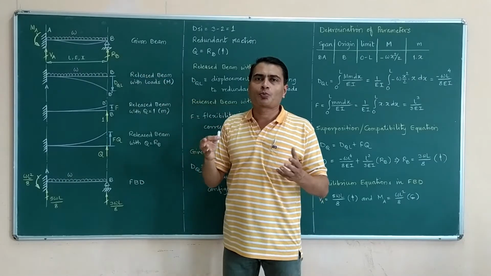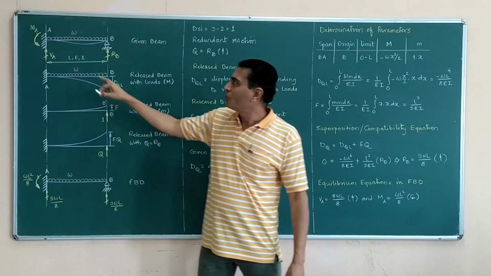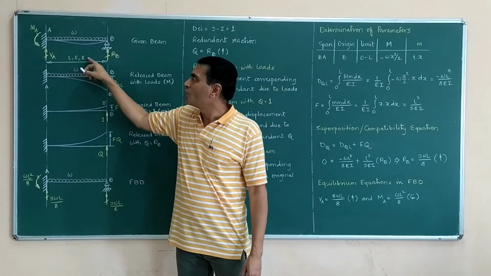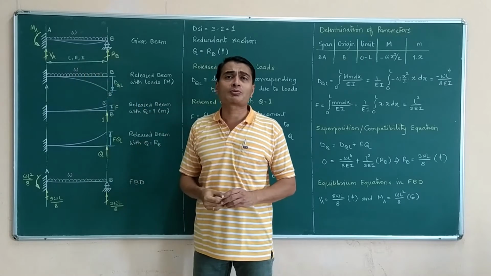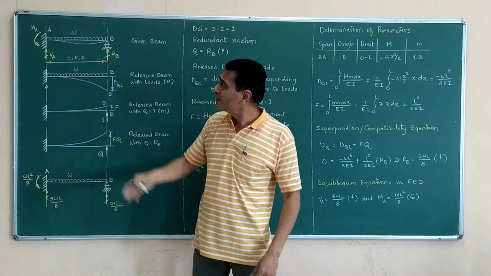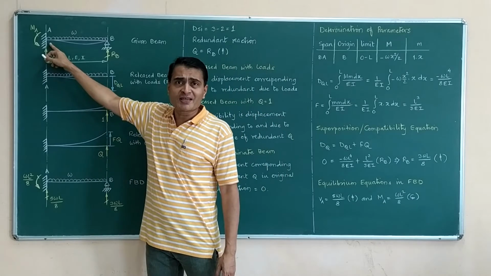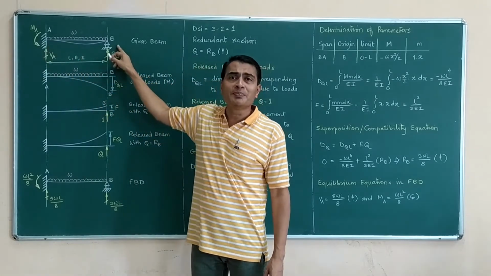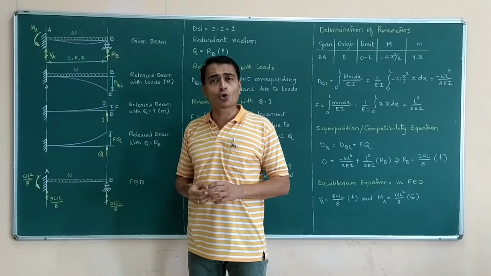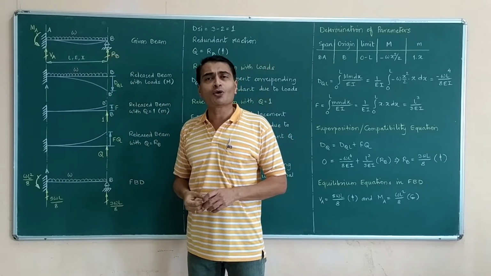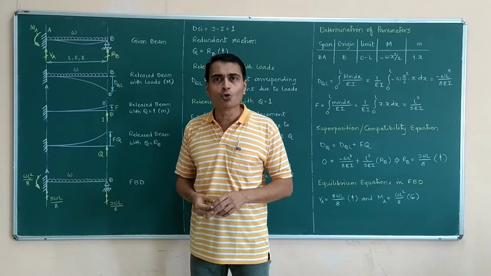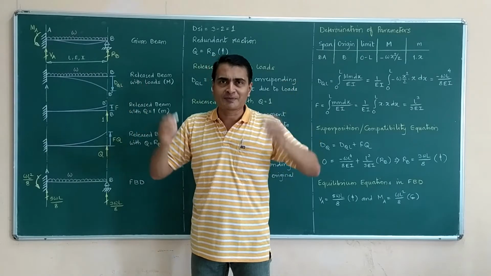So this is our propped cantilever with length L, modulus of elasticity E, and second moment of area of the cross section as I. Support A is fixed and support B is an exterior roller support. The cantilever is carrying a UDL of intensity small w over the entire span.